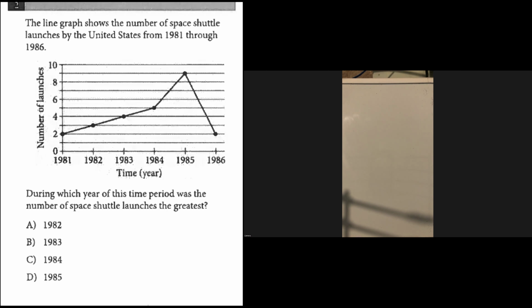And so number of launches is on the y-axis, so it's just asking which one of these is the greatest. This would be here, 9 launches, which happened in 1985, which is answer choice D.